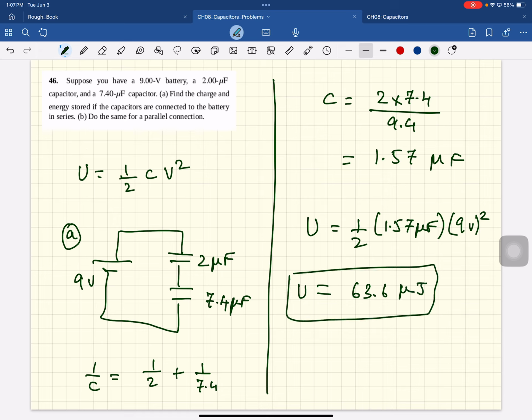So in the series combination, you're storing 60 microjoules.